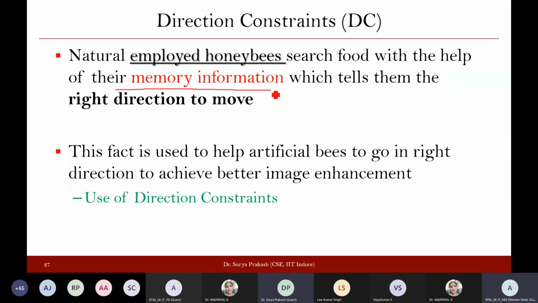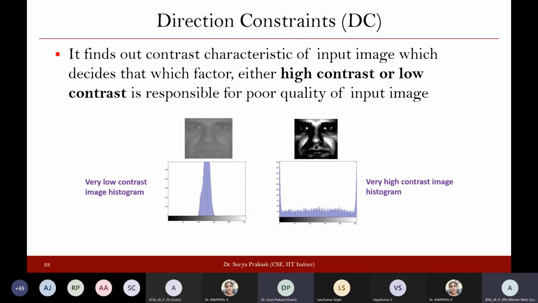So here we make use of the histogram, and based on the histogram we define some direction constraints, and with the help of these direction constraints we are able to put the algorithm on the right track so that it moves in the right direction. We use these direction constraints when we are generating the solutions. So let's first see what direction constraints we use here.